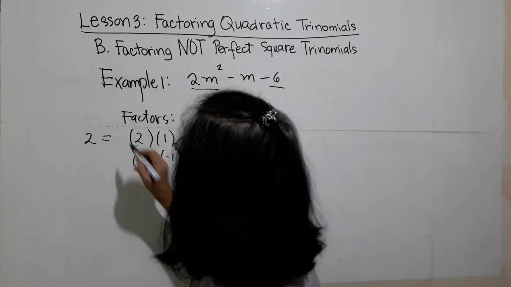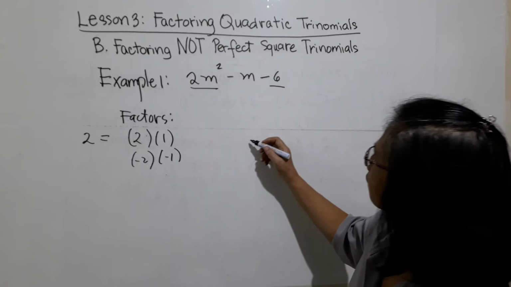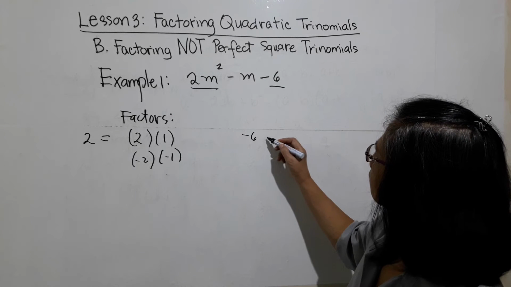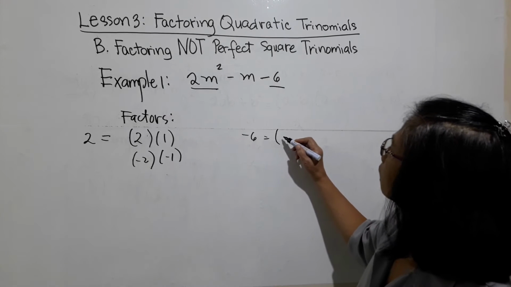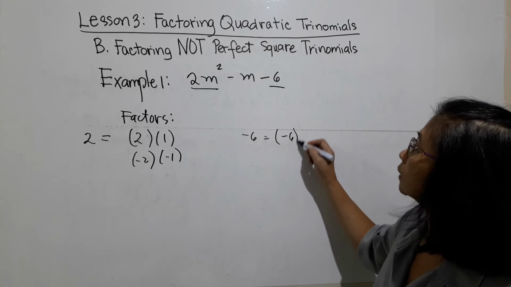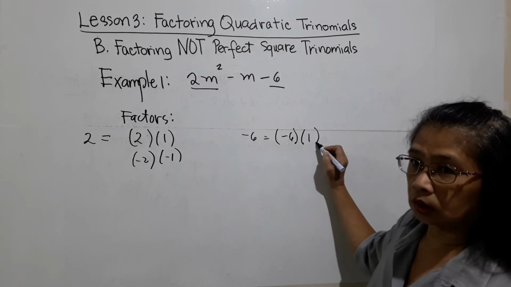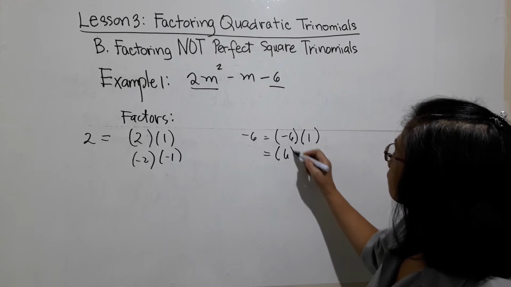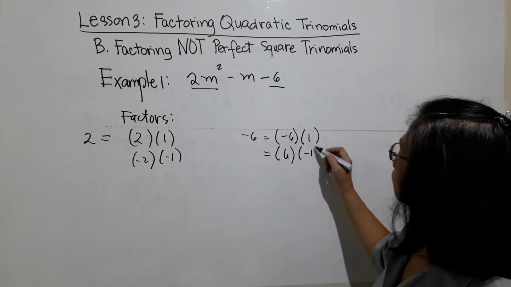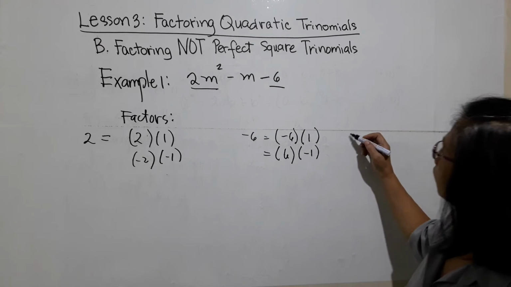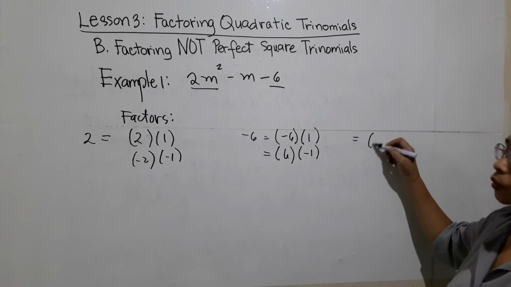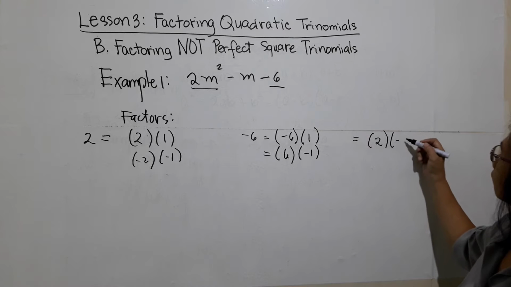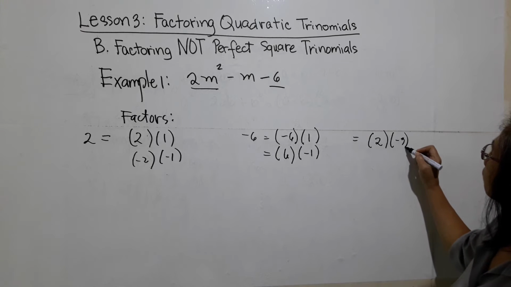What about the factors of negative 6? It could be negative 6 and positive 1. It could be positive 6 or negative 1. Or it could be 2 or negative 3.